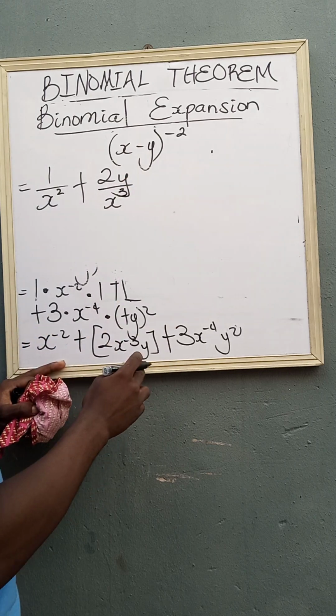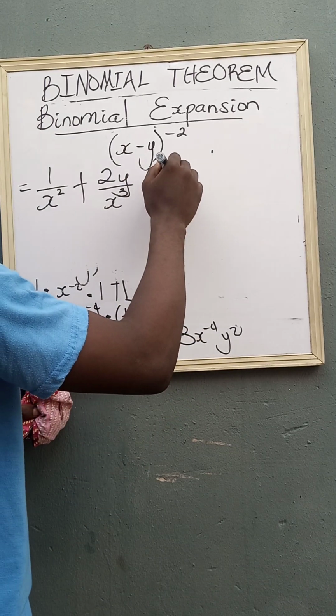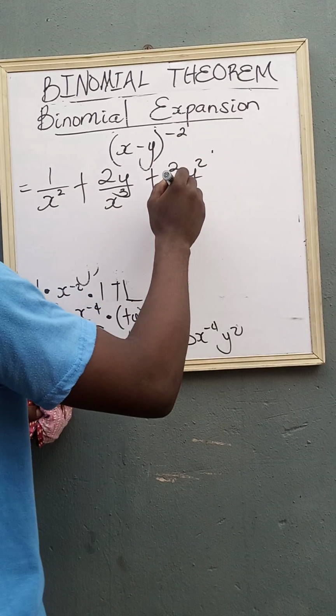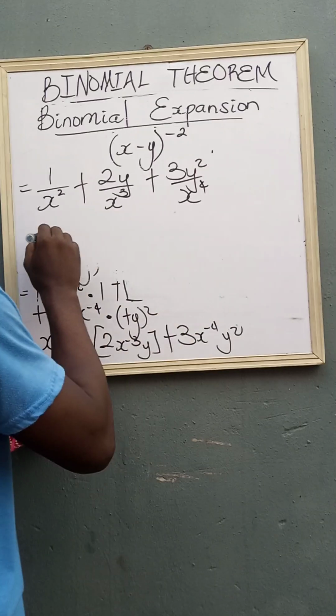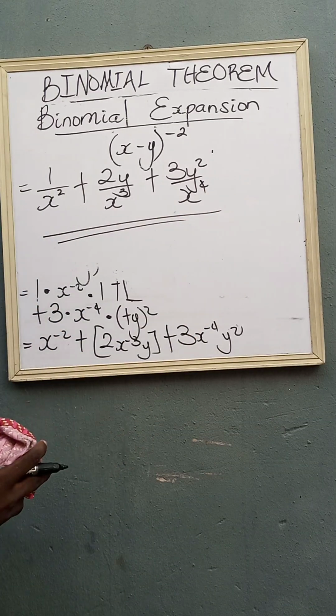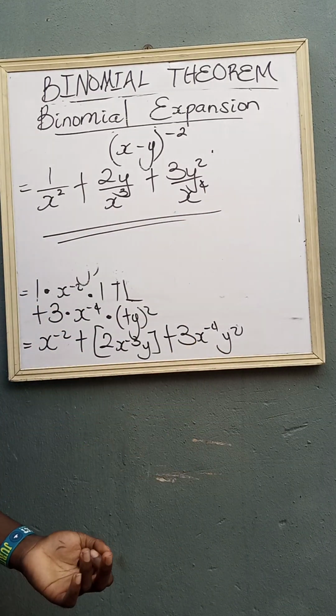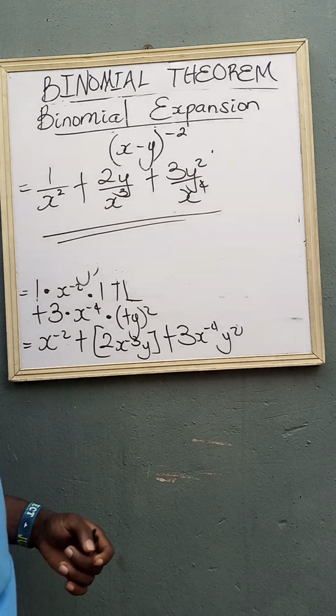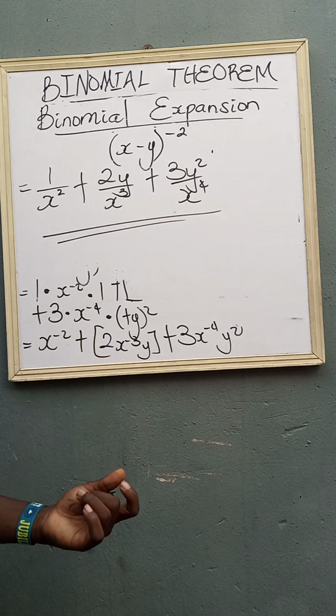Simplifying this, I should have 3y squared over x raised to the power 4. And this settles our answer. Or you can choose to leave it as this, depending on you. Do you get it? Binomial expansion is as simple as this.